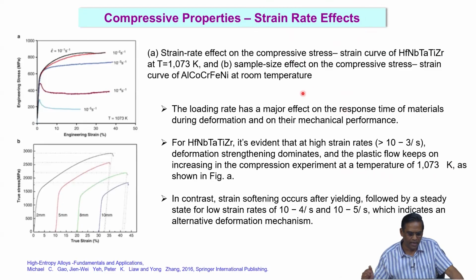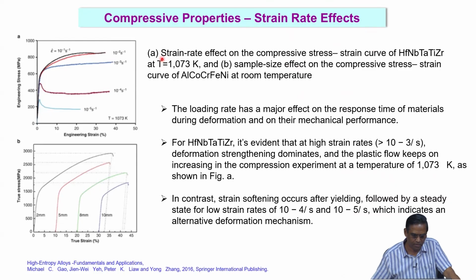And what about the strain rate effects? So we looked at temperature effect as a high temperature property. What about strain rate effect? The strain rate effect on the compressive stress strain curve of refractory high entropy alloy, hafnium, niobium, tantalum, titanium, zirconium at 1000 Kelvin.